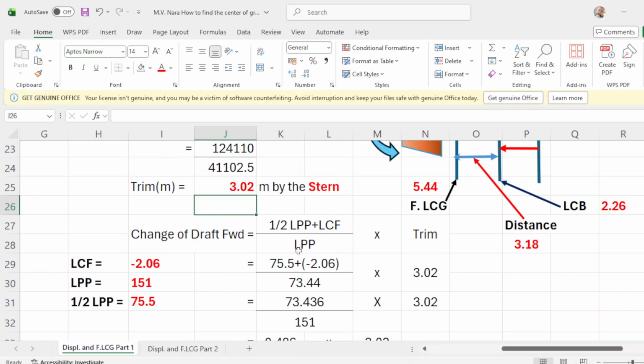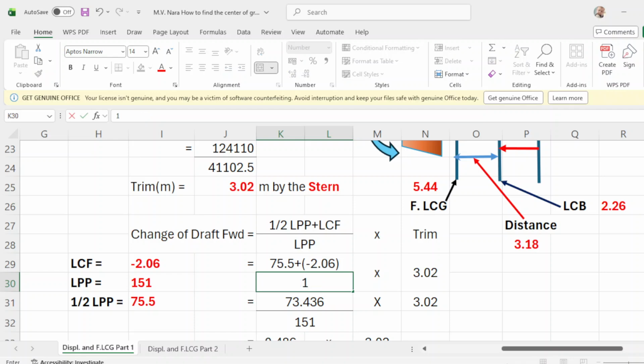Okay, 151. And 1/2 of LPP is 75.5. So 1/2 LPP is 75.5 plus your LCF of negative 2.06 over your LPP. What is your LPP? It is 151.